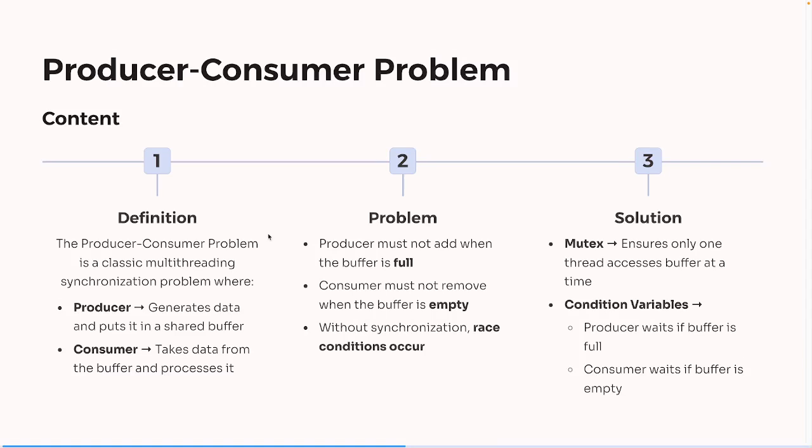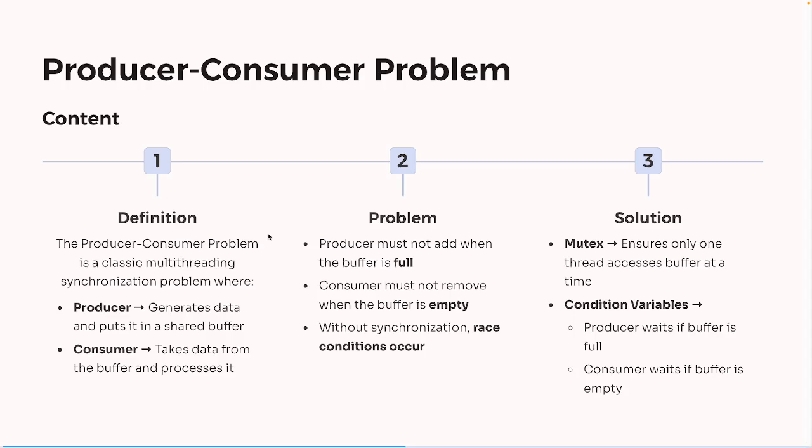So the basic definition: the producer-consumer problem is a classic multi-threading synchronization problem where the producer generates data and puts it in a shared buffer, and the consumer takes the data from the buffer and processes it. What problem occurs?